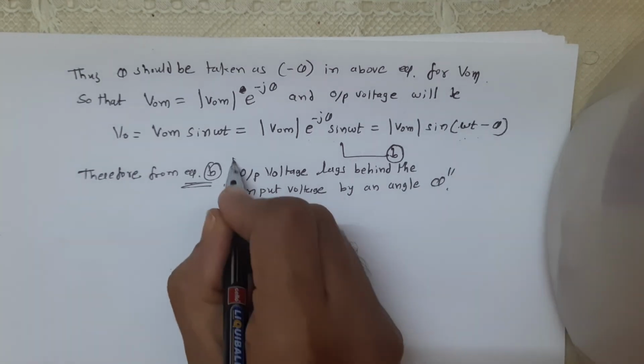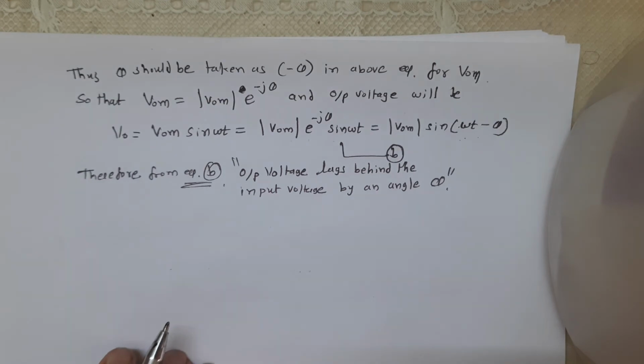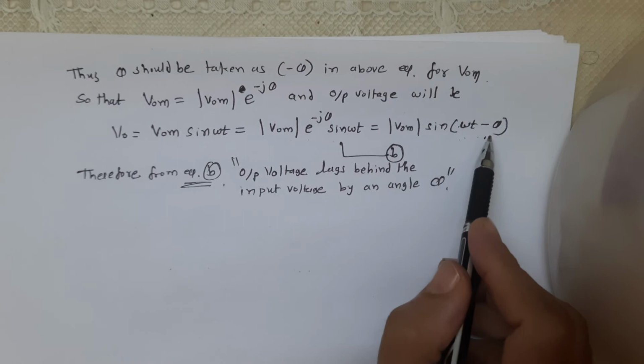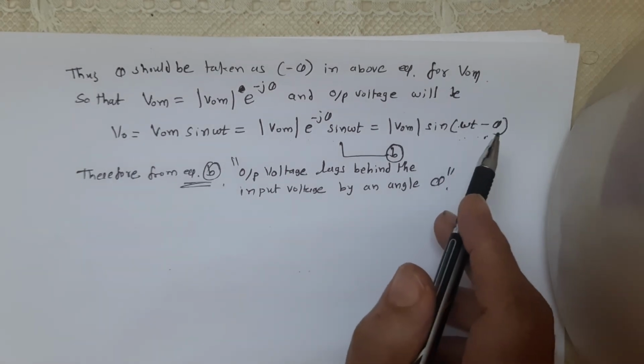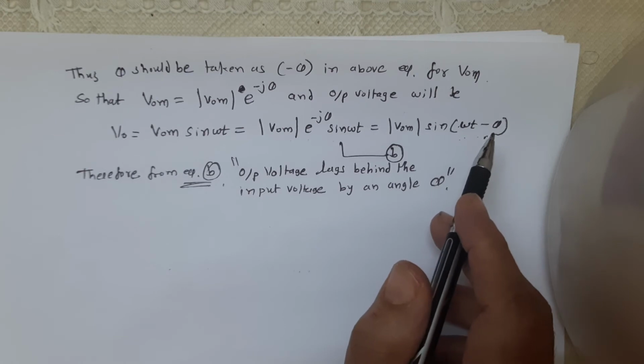This is the main point of this theory. From equation B, we can say that the output voltage lags behind the input voltage by an angle theta, minus theta, that means behind by theta degrees.